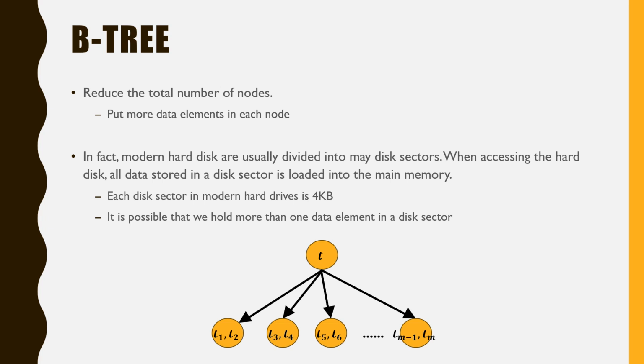This approach enables the retrieval of a block of related data with just one disk access. Typically, a disk sector has a size of 4 KB, which is sufficient to store multiple data elements. For instance, a single disk sector can hold approximately 1,000 integer values, though this number may decrease when storing more complex objects.